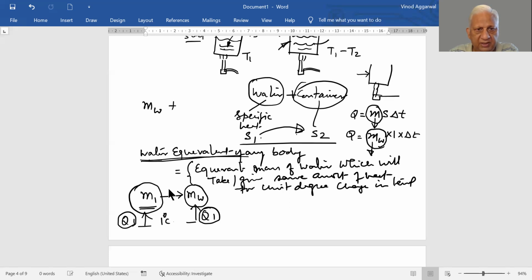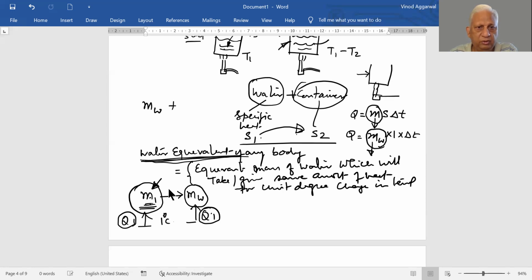There is no other purpose than simplifying the calculation and getting to know the heat characteristics of this material. The more the water equivalent of a material, the more its heat capacity.